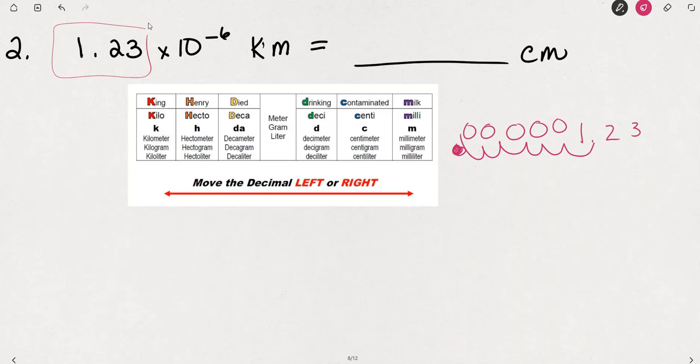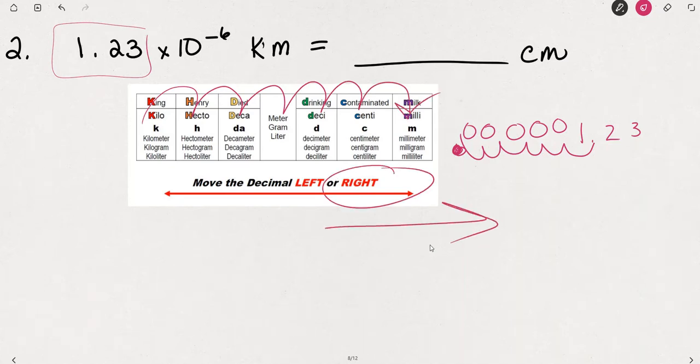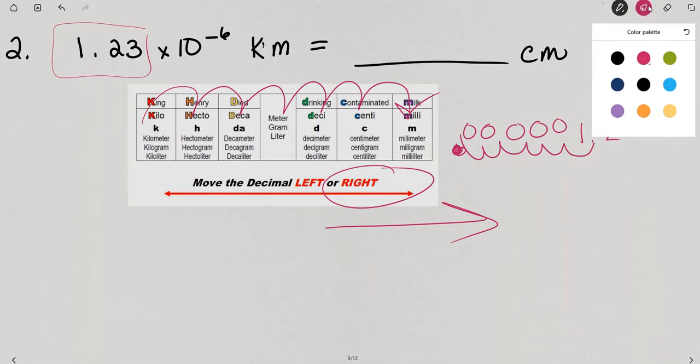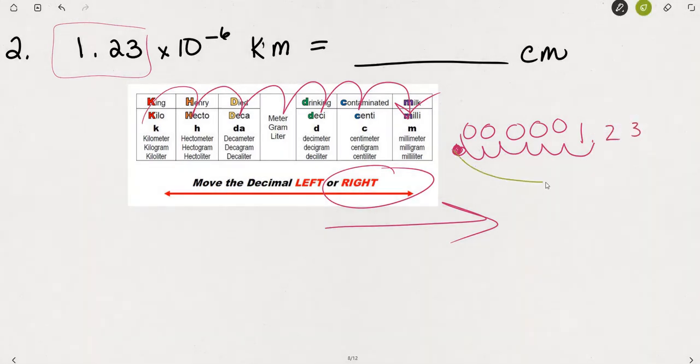So if I want to convert from a kilometer to a centimeter, I notice that I've got to go 1, 2, 3, 4, 5, 6 units right. So if I move this decimal 6 units right, 1, 2, 3, 4, 5, 6, I'm just moving it right back where we started to get 1.23. How could I do that without rewriting it? Let me show you this.